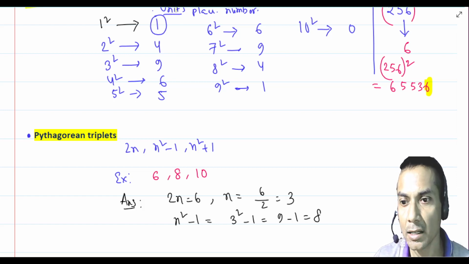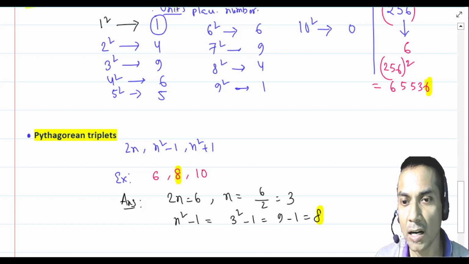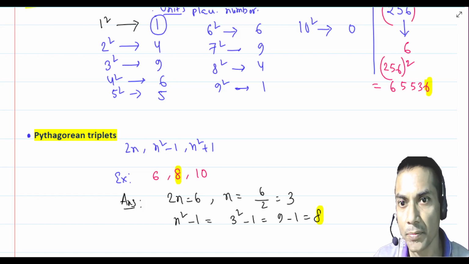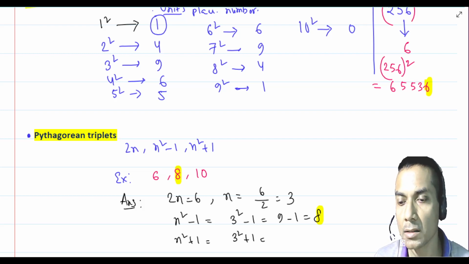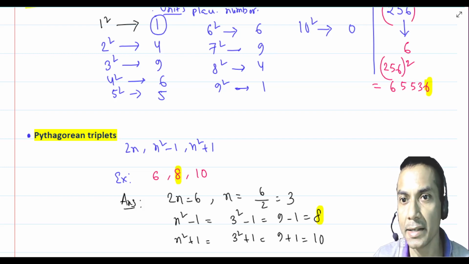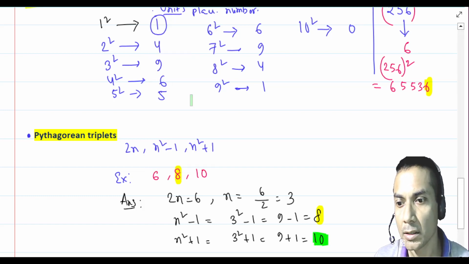So the second value satisfies n square minus 1. What is the third value? n square plus 1, with n equal to 3: 3 square plus 1 is 9 plus 1, which is 10. Again it is following. Clear?